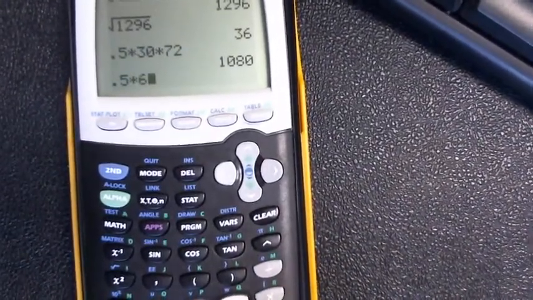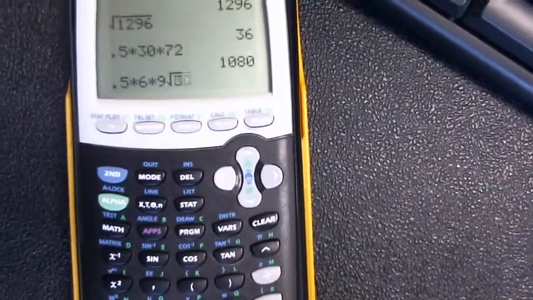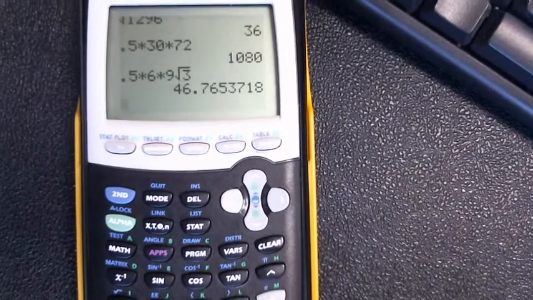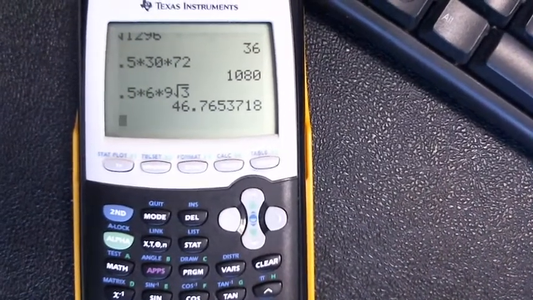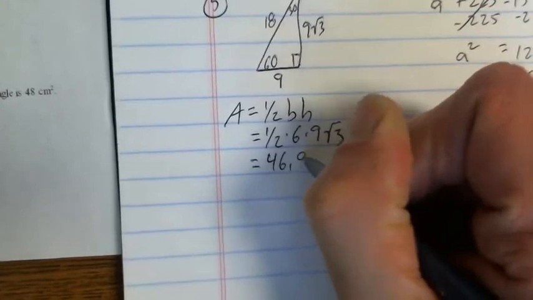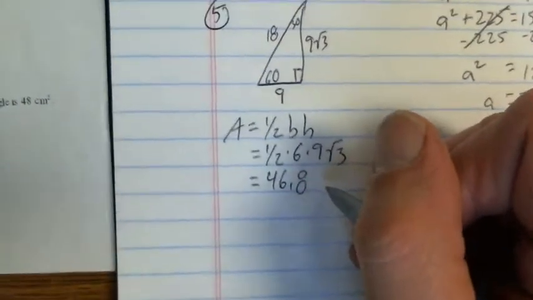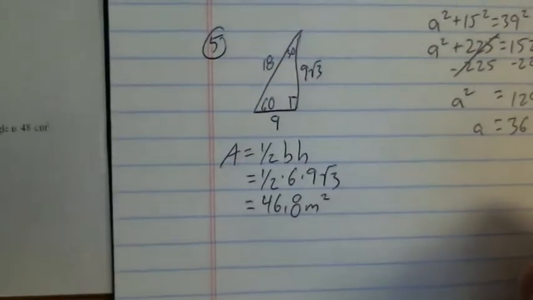One half times 6 times 9 radical 3 is 46.76. Call it 46.8. We started off in meters, so square meters.